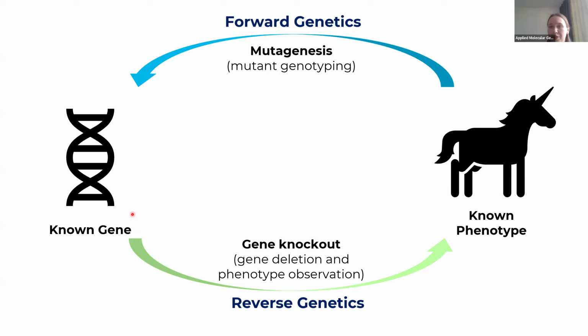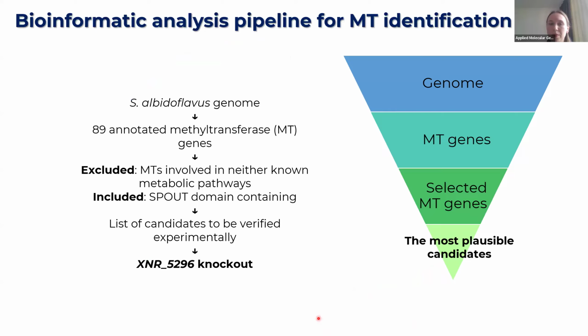If we move from phenotype to the identification of the mutated gene, we are talking about forward genetics. But here we are talking about reverse genetics. Okay? And at first, let's talk about the methyltransferase gene.